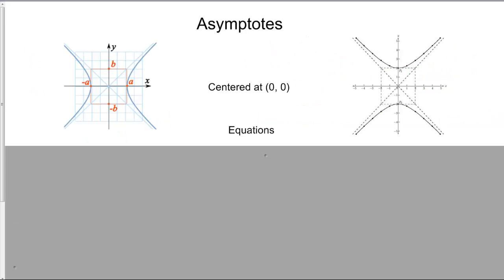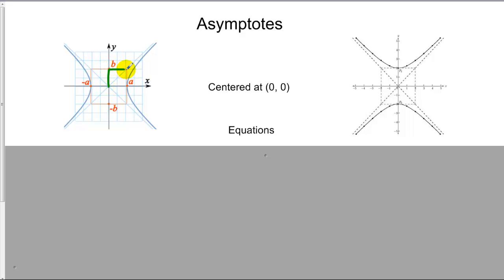We're now going to take a look at the asymptotes for each of these. Notice that if I have a sideways opening hyperbola and my center is at 0, 0, in order to find the equation of those asymptotes, I do my rise over my run.